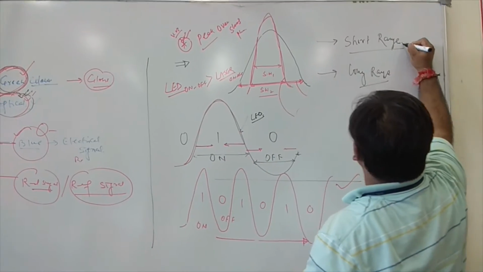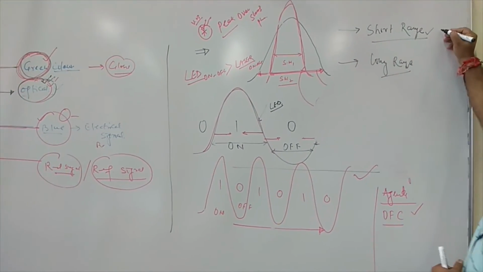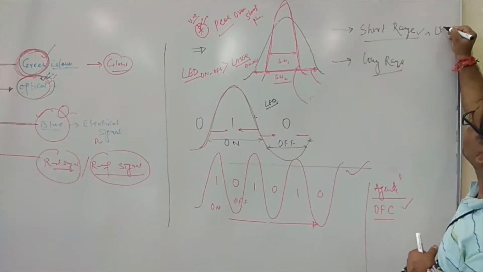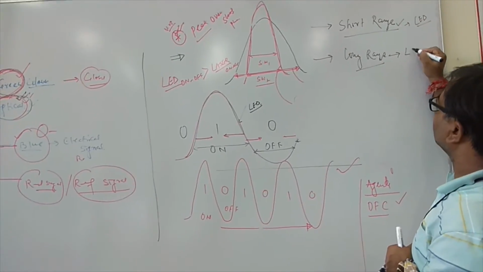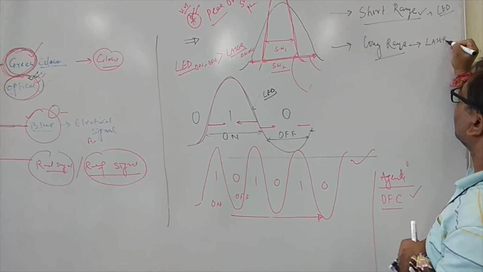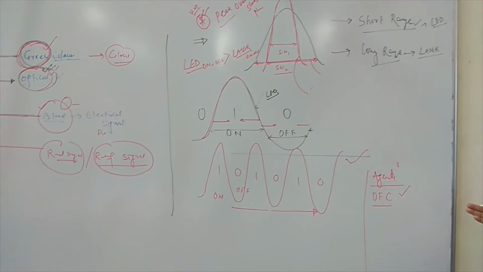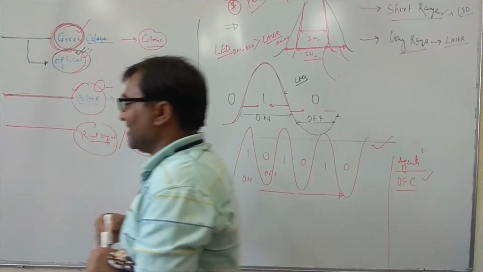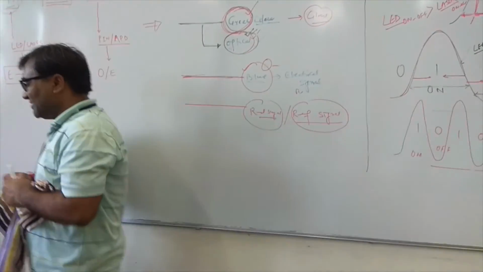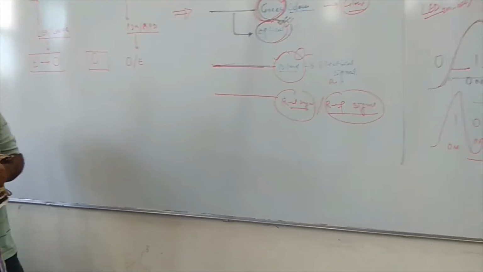If short range communication, which source will be preferred? LED. And for long range communication, laser. So this is the basic concept associated with the LED and laser, and I think you have understood it.